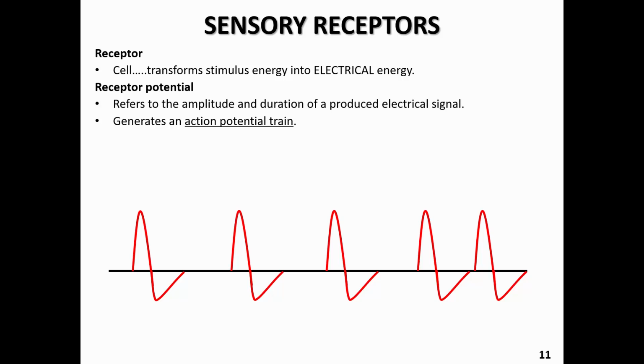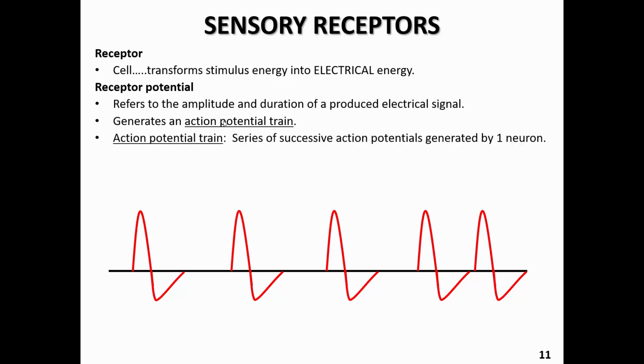And this transmission of sensory information occurs through what's called a train of action potentials. This refers to a series of successive action potentials that are generated by just one neuron, and that's illustrated at the bottom of the slide here.